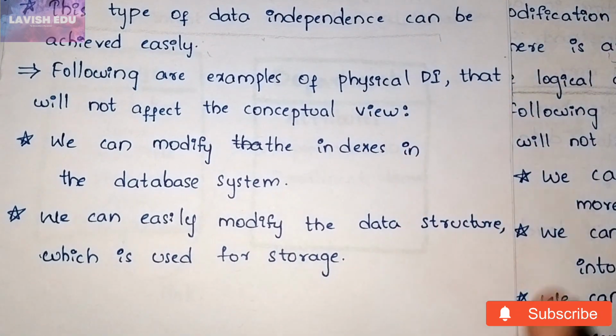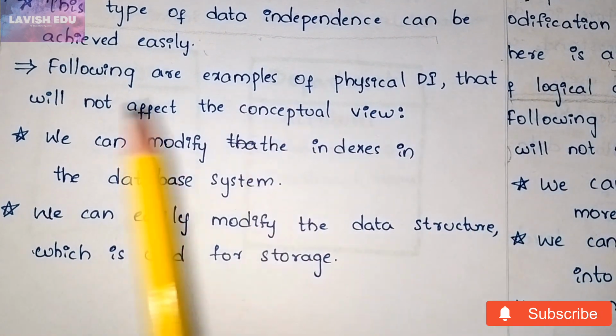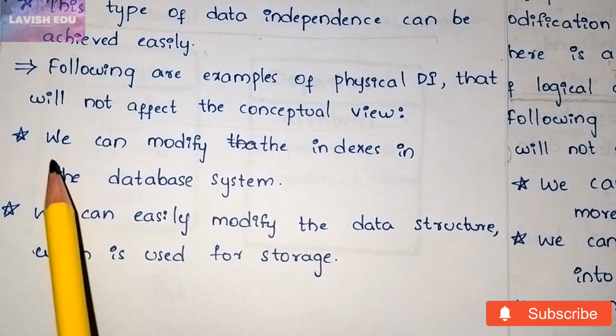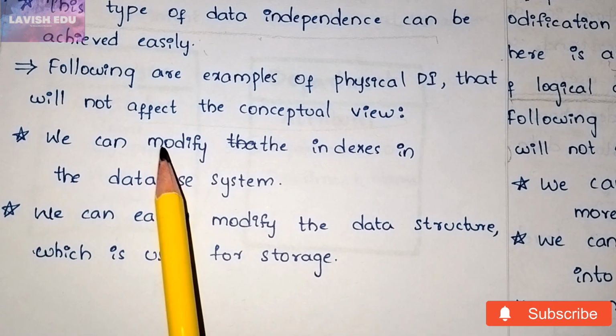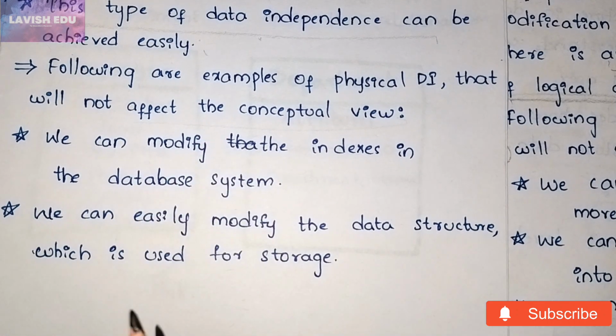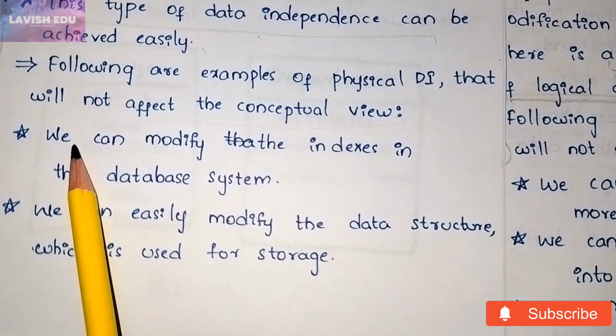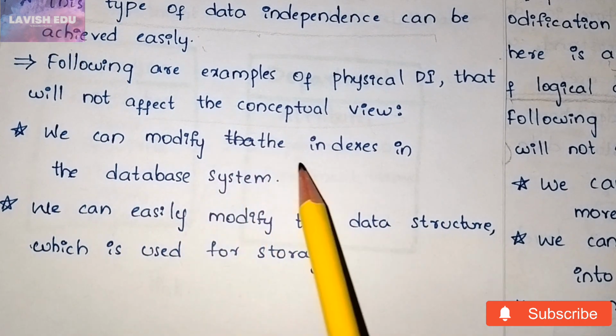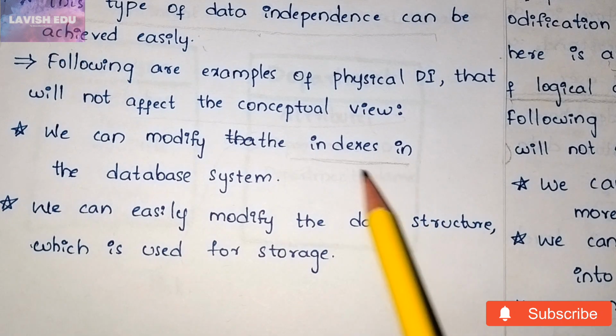Following are some examples of physical data independence that will not affect the conceptual level. What are these examples? If we perform these, they won't have any impact on that level. We can modify the indexes in the database system, so we can change the index values.